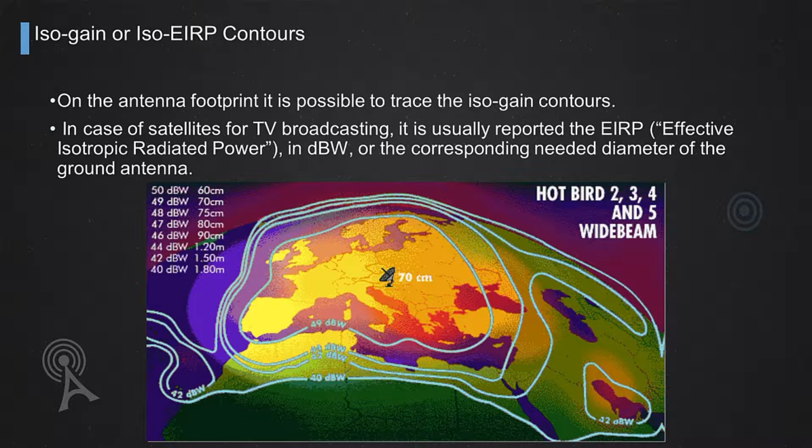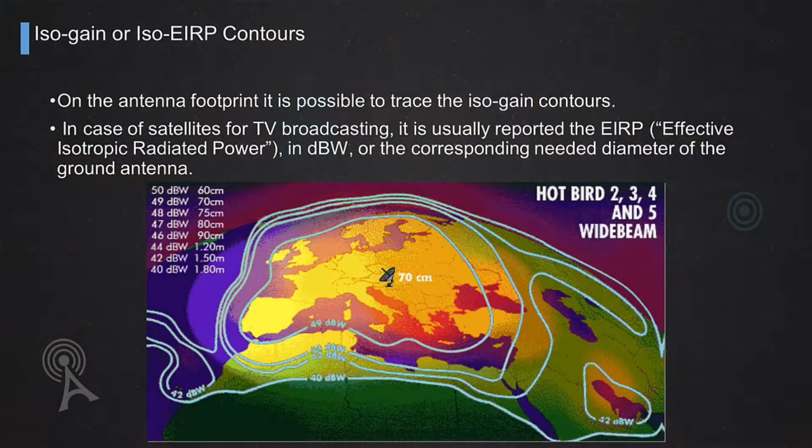From the user point of view, and especially in case of a satellite for TV broadcasting, these contours over the Earth are expressed in terms of EIRP, that is the effective isotropic radiated power, a value in dBW, or even in the corresponding needed diameter of the ground antenna that is necessary for a user to receive the TV signal with a good signal-to-noise ratio. In this case, you see that both values are given.